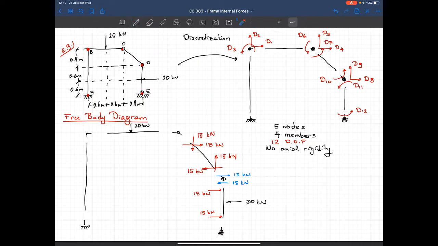Now, this member is in equilibrium in both horizontal and vertical directions. I can transfer this vertical force to the node D. So I should have 15 kilonewton here, 15 here. Transfer it to the member. I see that I should have a compressive force here.